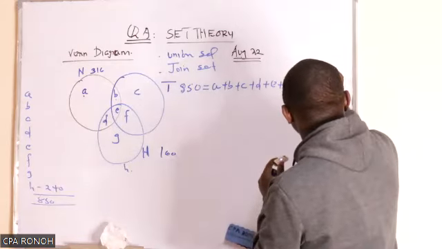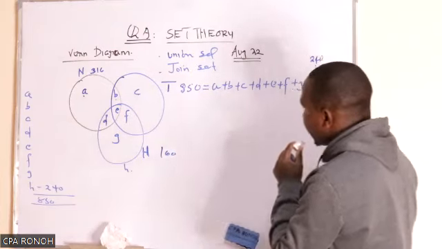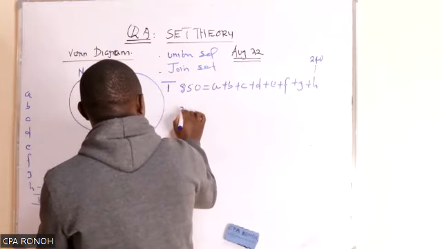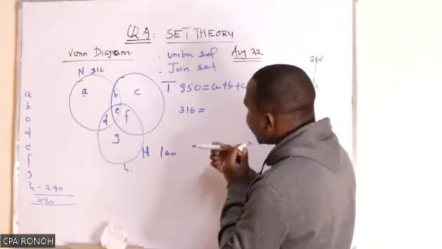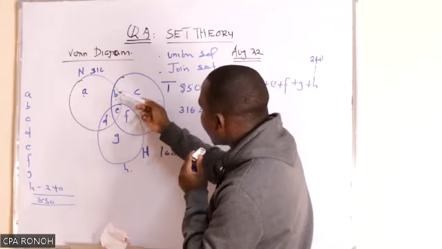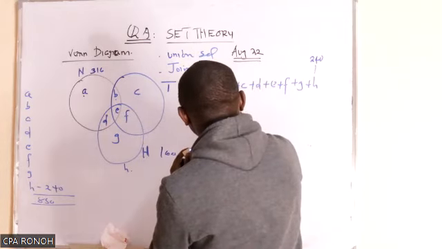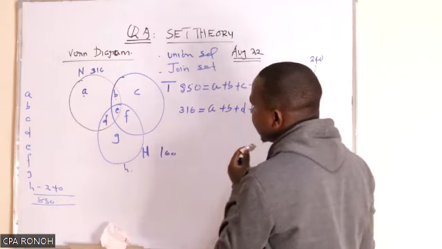They have already given us H being 240. Then 316 is for Nissan, so it is for A plus B plus D plus E, which is 316.